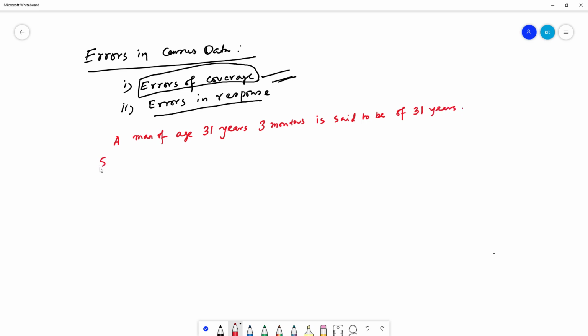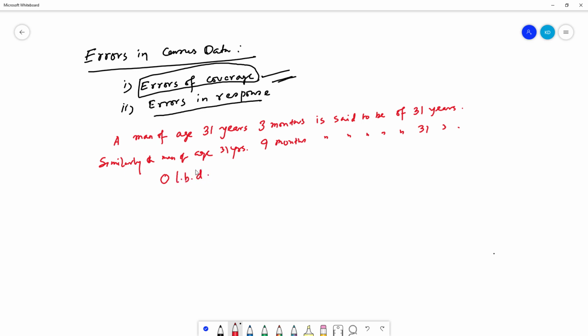Similarly, a man of age 31 years 9 months is said to be again 31 years. Now, an error occurs in age figures when census enumerators do not follow the meaning of age last birthday.